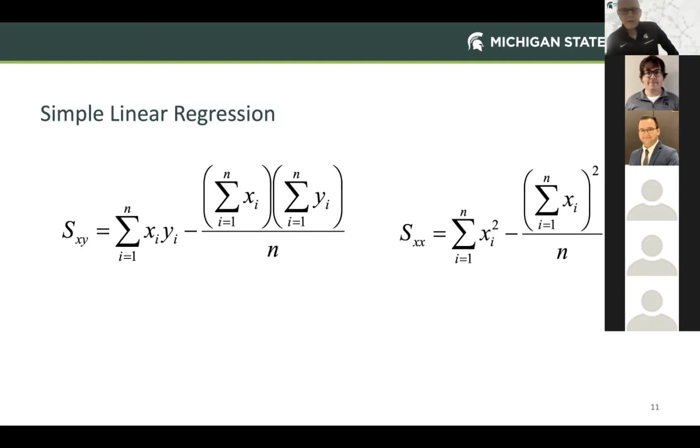All right, and so the numerator and denominator of that equation, in some texts, you'll also see those referred to as S sub xy and S sub xx. And so it may not be obvious just because we haven't looked at these equations in this form before, but you've definitely seen this equation previously in this class.